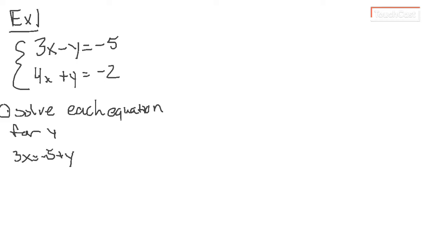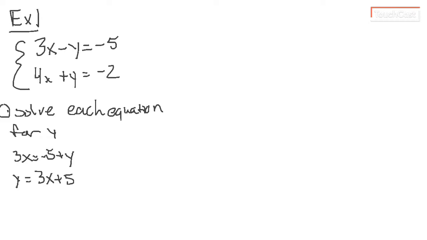And then I would add 5, so we can get y equals 3x plus 5. You can do what you want, but the whole goal is to get y by itself and make it positive.